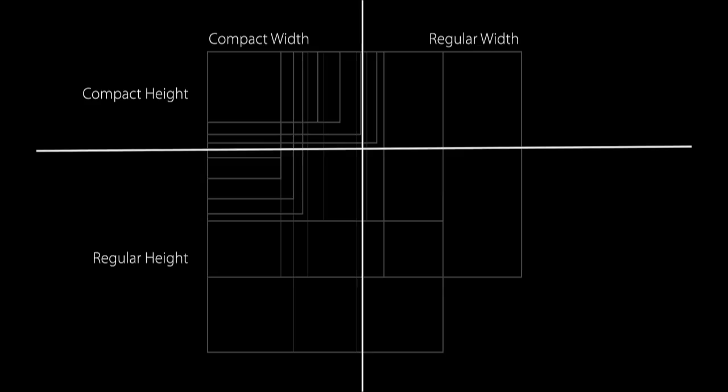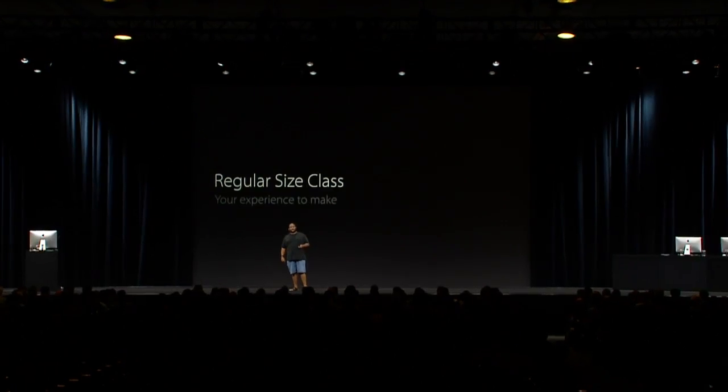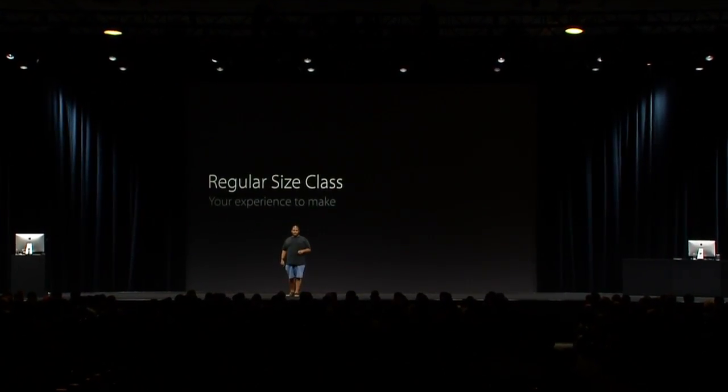And what we decided was that when you're in the compact space, you have a more iPhone-like experience where you try and make the best use of space. But in the regular experiences, you want to be able to do more advanced things, more interesting things with that space that really takes advantage of it. And so the takeaway from that is that when you see a regular size class, that's your opportunity to make a really great experience for the user with that space, going beyond what you might do in a compact space.